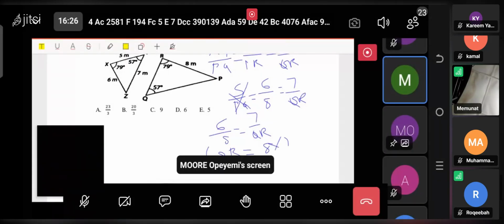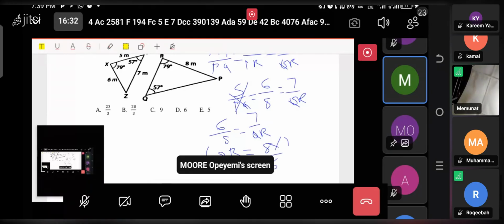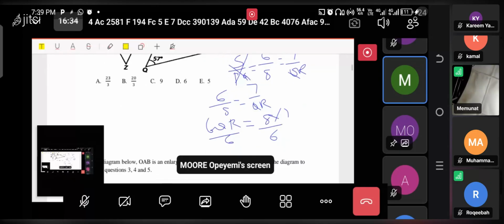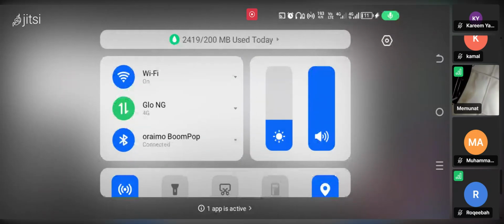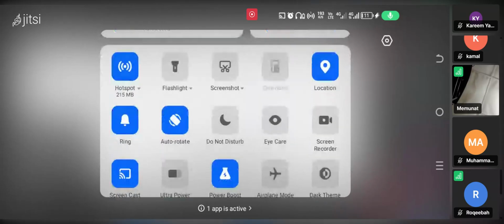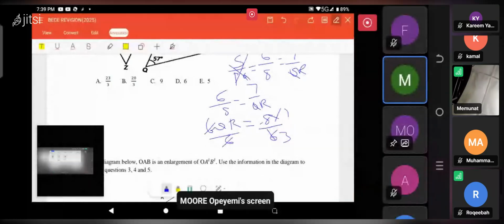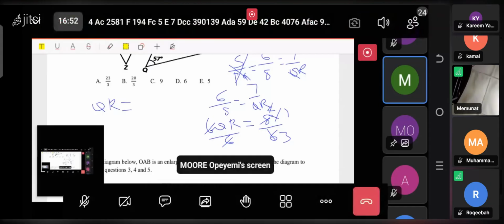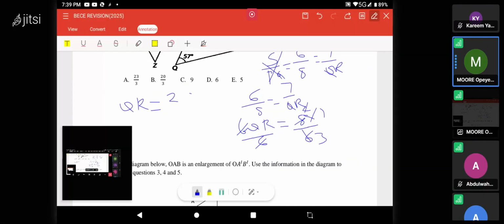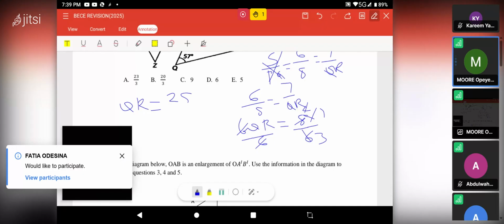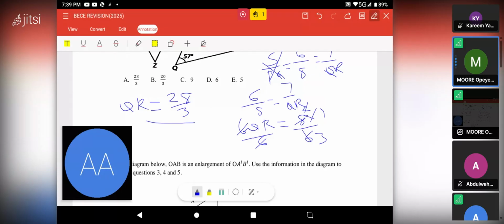You divide both sides by 6. 2 can go into 6, we have 3. 2 can go into 8, we have 4. We are left with QR on the left-hand side. So QR is equal to 4 times 7 over 3, and that is 28 over 3. That is the value of QR.